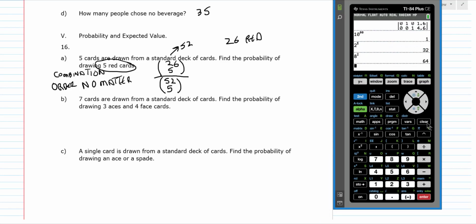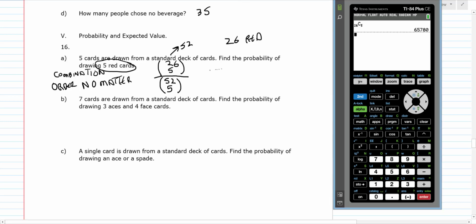And then from here, we're just going to go straight to our calculator. I'm going to do this in 2 steps. So I'm going to go 26, math, probability, number 3, combination, 5 at a time. That's going to give you how many possible ways there are to get 5 red cards. So that's 65,780 ways to get those 5 red cards.